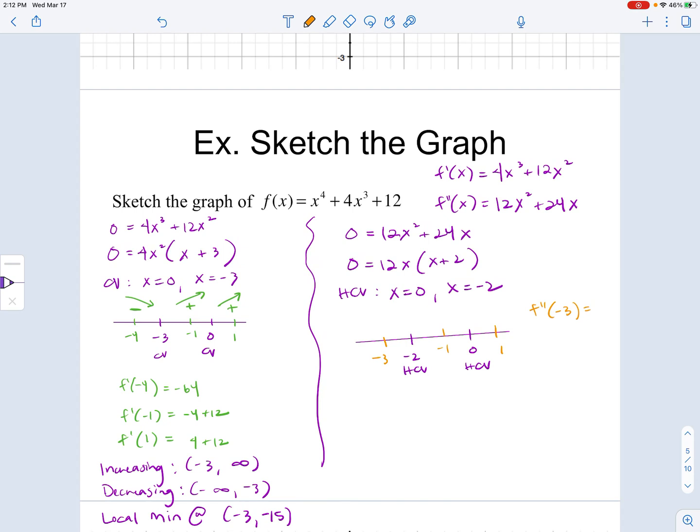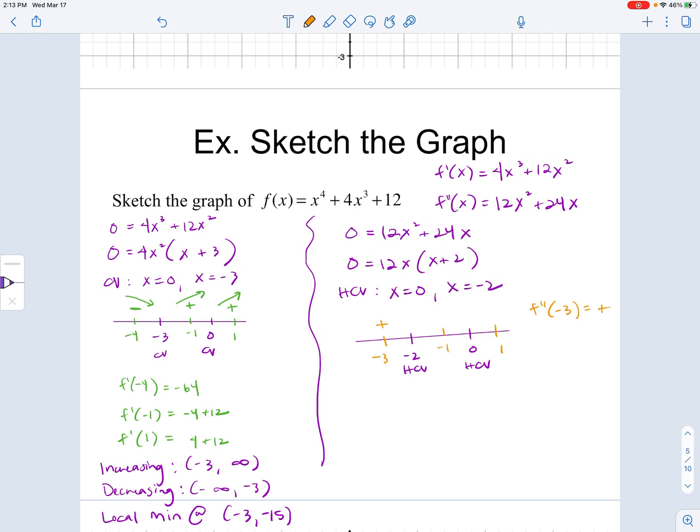Okay, and then plugging the test values into the second derivative. So f double prime of -3 is positive. So concave up, looks like a cup. F double prime of -1 would be negative. Concave down looks like a frown, and then f double prime of +1 would be positive. So switches to concave up again.